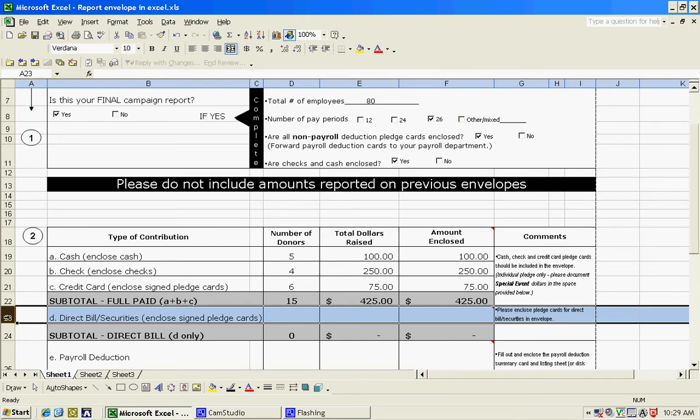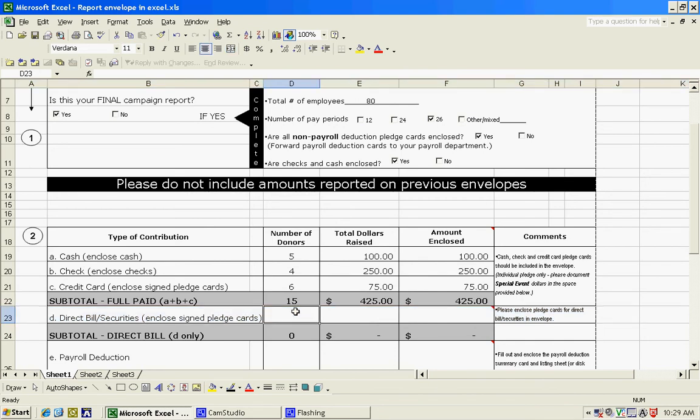The next section deals with direct bills and securities. If a donor is requesting to be billed at a future date, they should go in this row. Likewise, if a donor gives their credit card information and wants to be billed throughout the year, they would also go in this row. So for example, if a donor pledged $1,000 and wanted to be billed monthly, they would go in this line.